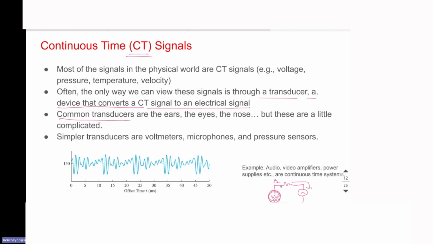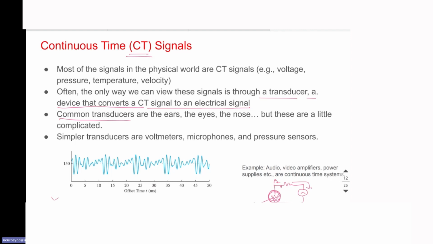So these are simple transducers. Whatever quantity we want to see, we need to connect some transducer, and through it we get the signal, mostly in visible form.